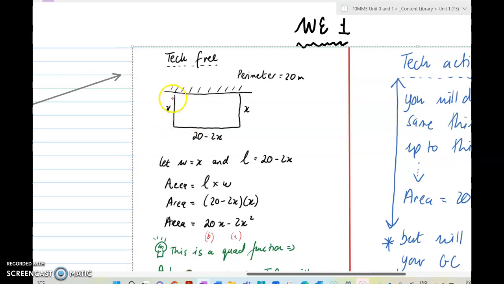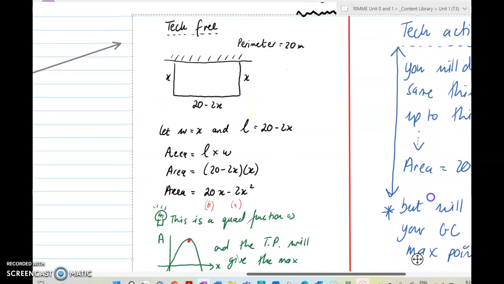Defining the variables is very important. Let the width of this enclosure be x, and then let the length be... just think about this. If you've got a total length of 20 meters, then 20 meters minus the 2 sides, so minus 2x, will give you whatever's left over here. So the length is 20 minus 2x.